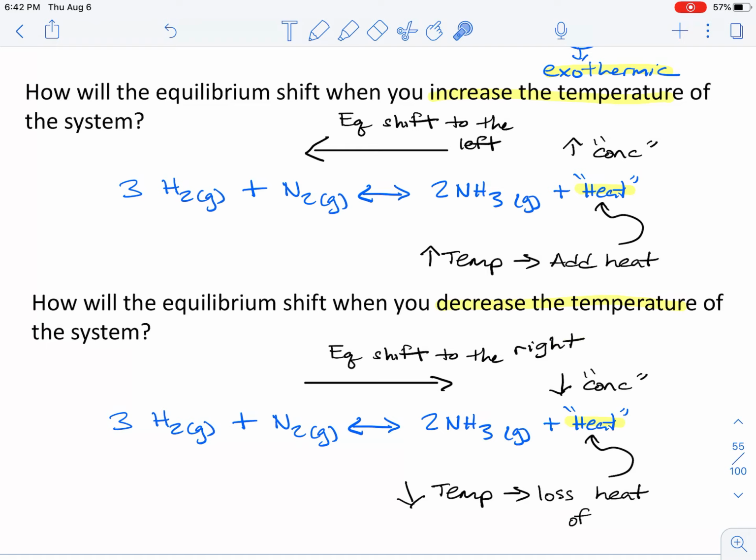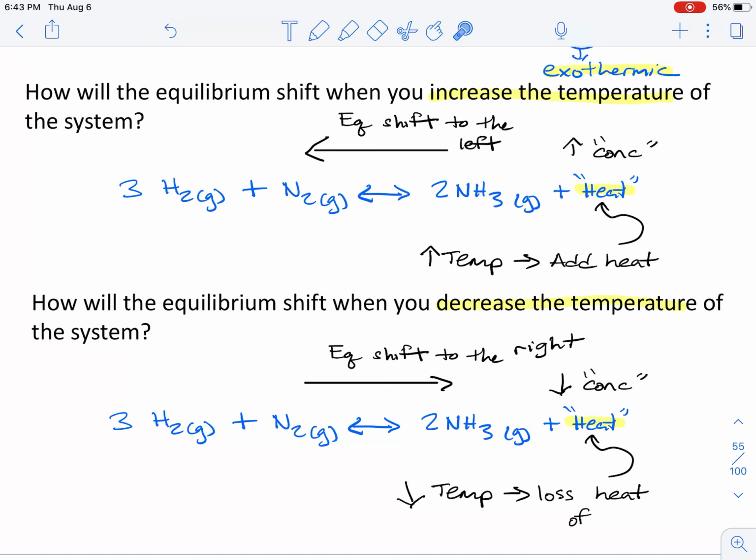What this is telling you is that the reactants must be converted to products, because the production of products will allow heat to be produced, therefore replenishing the heat that was lost due to the decrease in temperature.